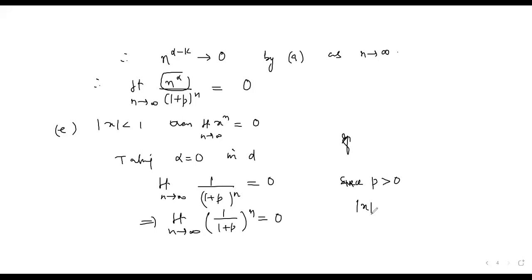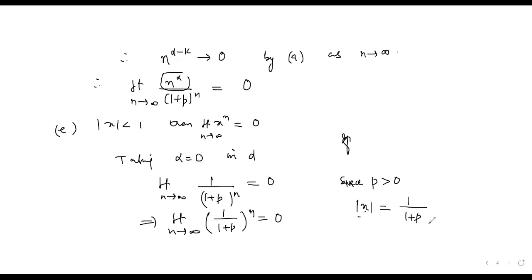then mod of x, which is less than 1, can be written as 1 by 1 plus p. Because you can write it like this. Why? Because modulus of x is less than 1. So if p is positive, then this is also less than 1.